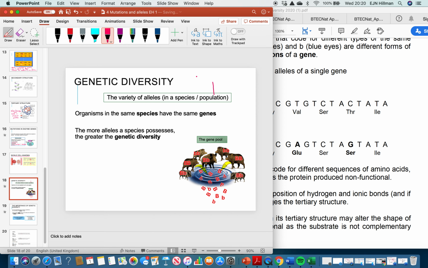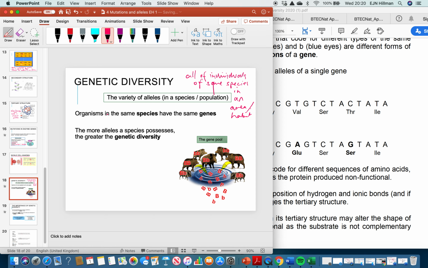Okay, a population is all of the individuals of the same species in a habitat or in a given area. And therefore, species or population here is fine for this definition of genetic diversity.